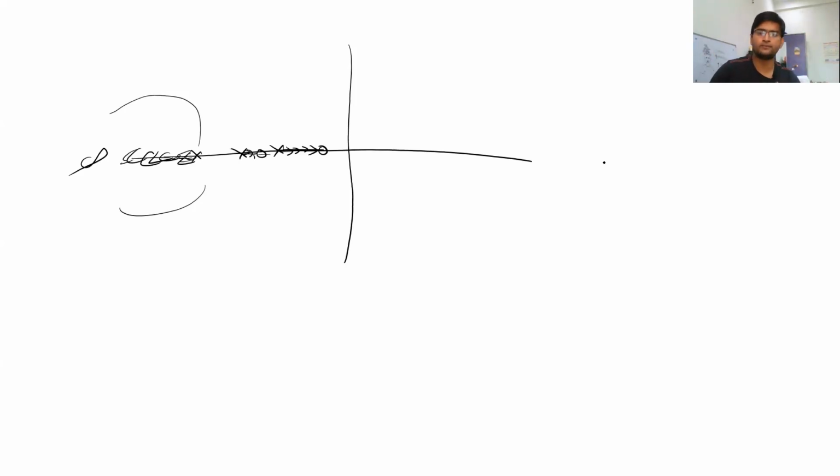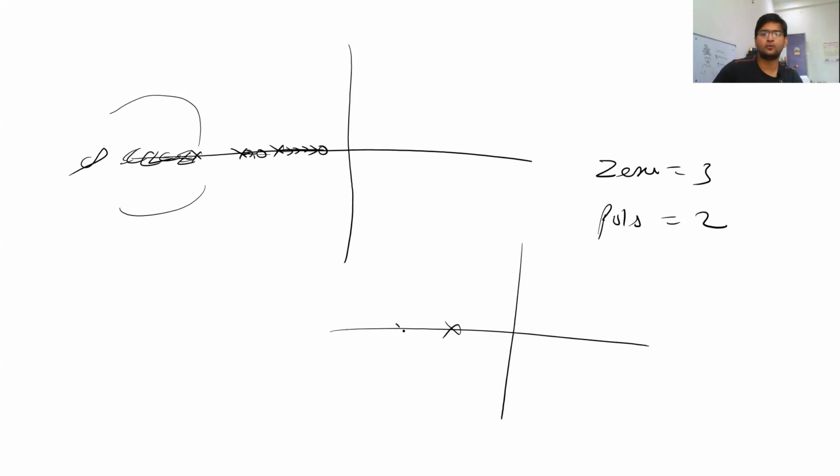Similarly, suppose total zeros is equal to 3 and total poles is equal to 2. In that case you will have 2 poles but 3 zeros. So what will happen is this pole will go to this zero, this pole will go to this zero if you increase the gain. But what will happen to this zero? There must be a root coming from infinity towards this zero.